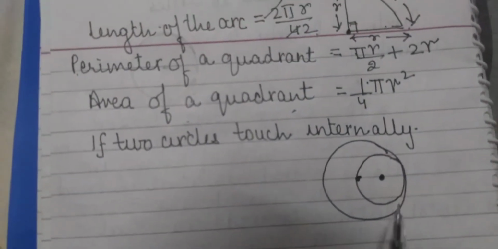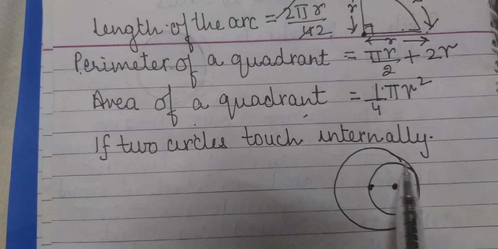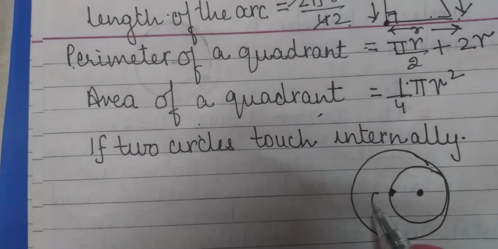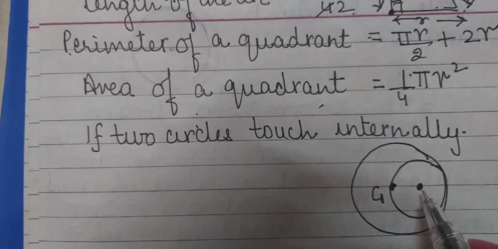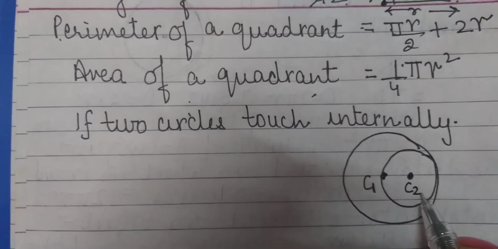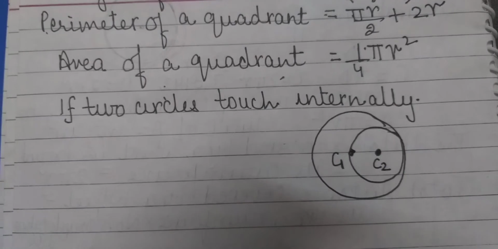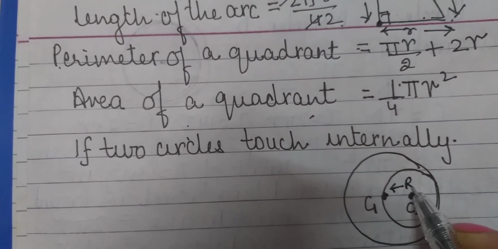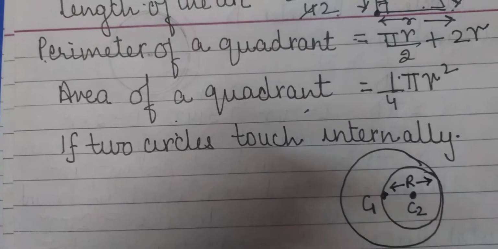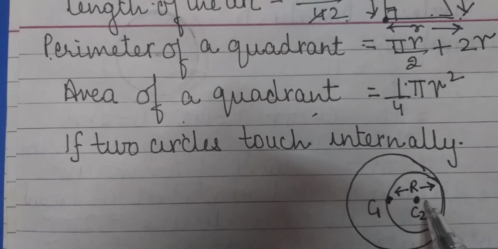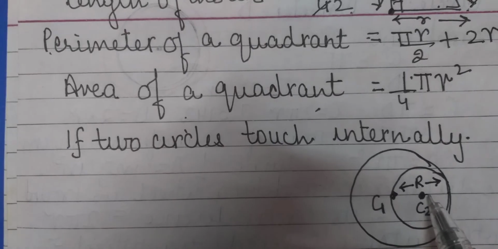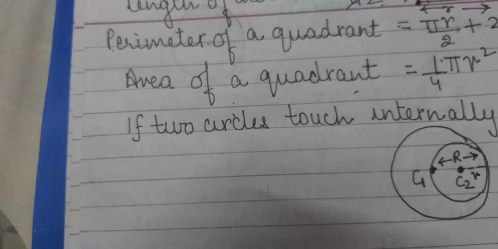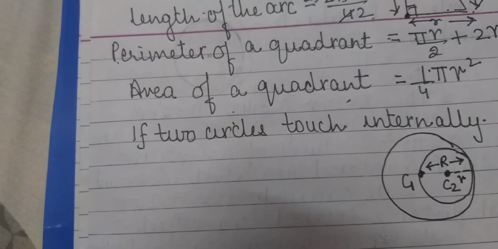Now just see these two circles. They are touching internally. Let C1 be the center of the bigger circle and C2 is the center of the smaller circle. The radius of the bigger circle is capital R and the radius of the smaller circle is small r. Right?